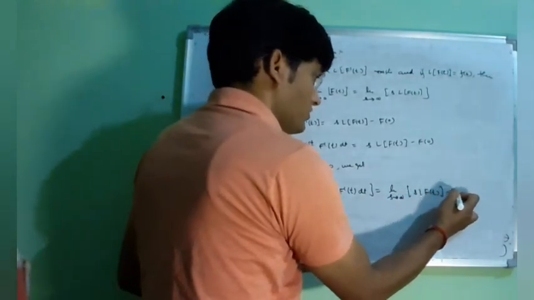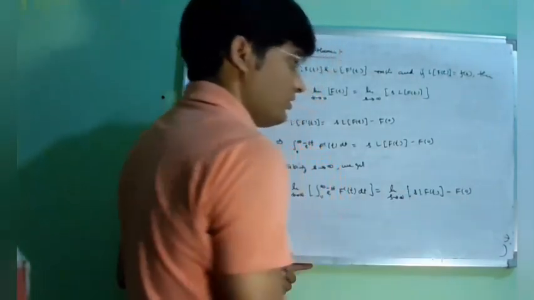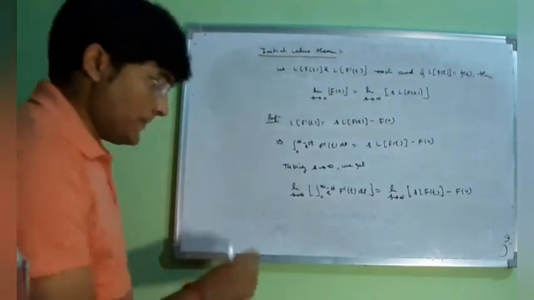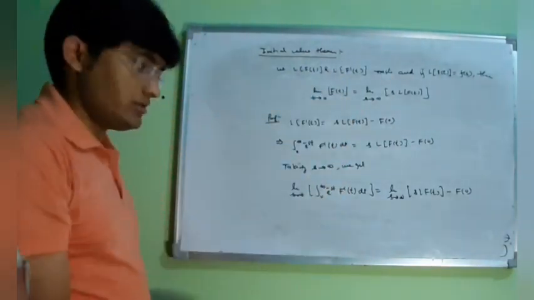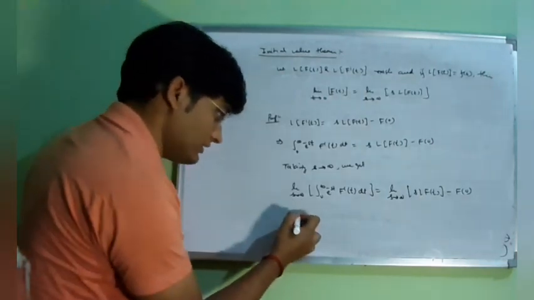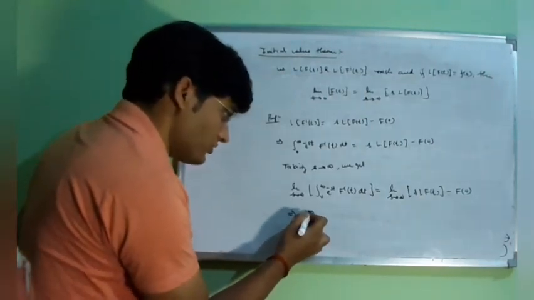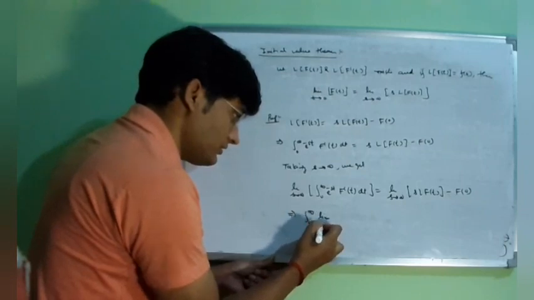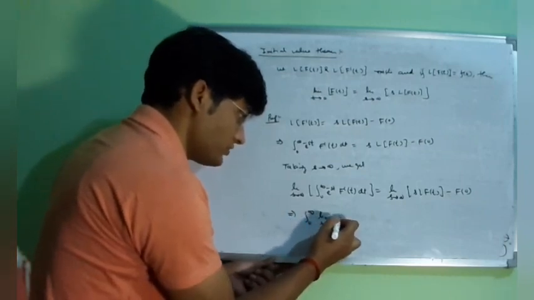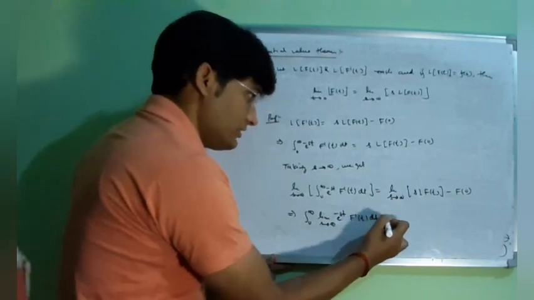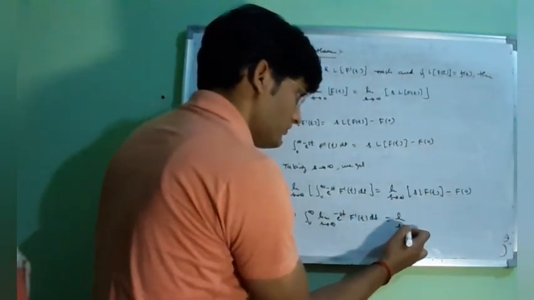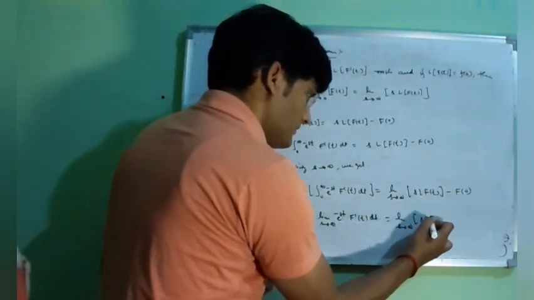Now f(0) is constant, so we can write it independent. Now here, as my f'(t) is sectionally continuous and of exponential order, we can take this limit inside: 0 to infinity limit s tends to infinity e to the power minus st f'(t) dt equal to limit s tends to infinity s of Laplace f(t).